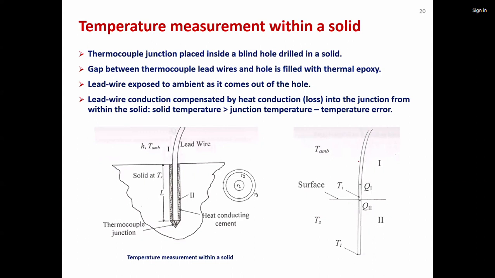Region 1, which is exposed to ambient. Whatever heat comes from the tip to the interface, the same amount of heat goes from the interface to the ambient, in steady state. So this Q2 in region 2 and region 1 have to be equal.